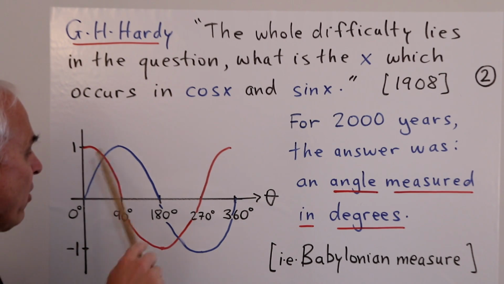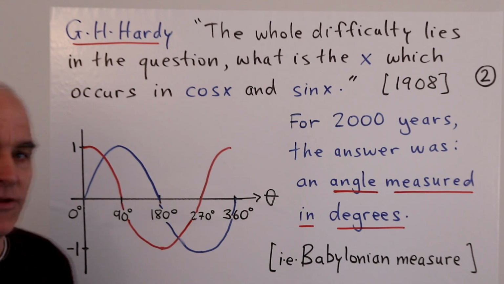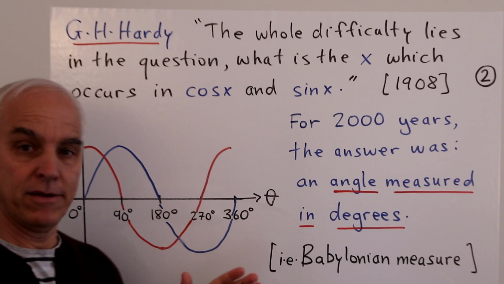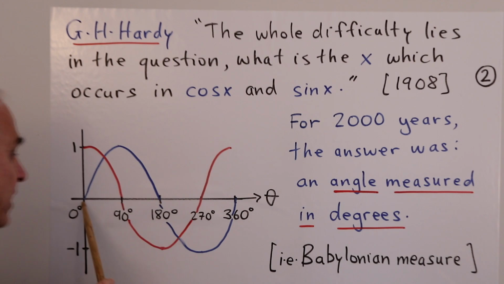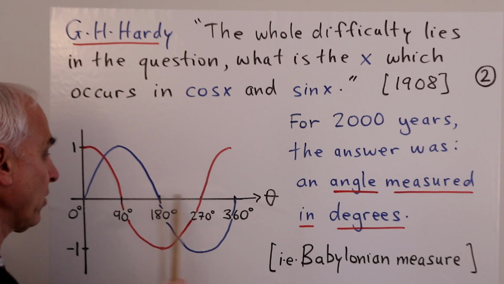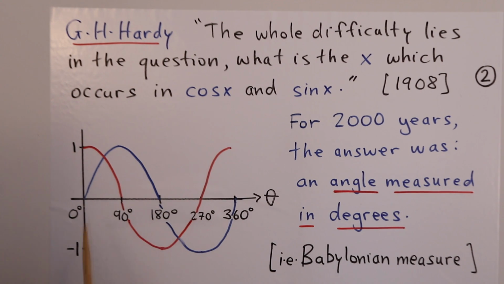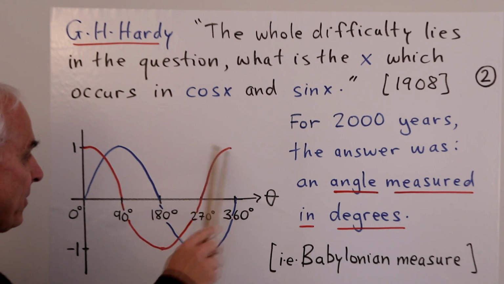So here are pictorial representations of what appeared in Rheticus's tables. We have an angle here going from 0 to 360 degrees, and the sine and the cosine are here. Here in blue is the sine, and here in red is the cosine.